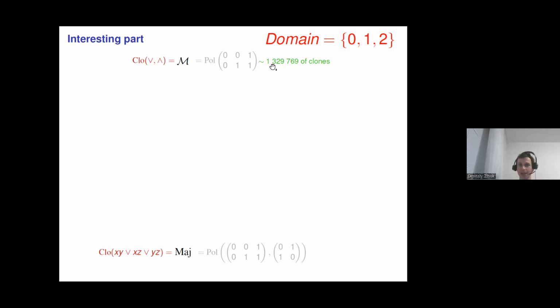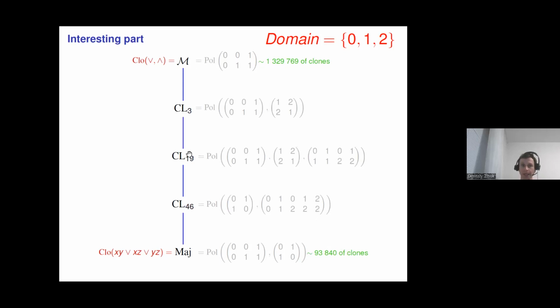So from this 2 million, 1.3 million are equivalent to just this one, which is kind of nice. And the second most popular clone is this one, the clone generated just by this majority. It has 93,000 clones. Okay, and on a three-element domain, we have three classes in the middle.